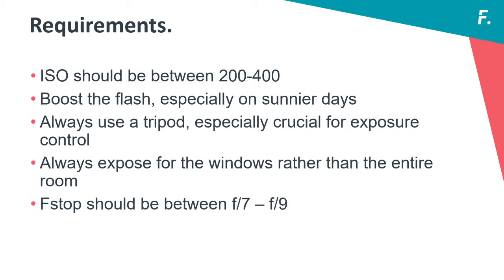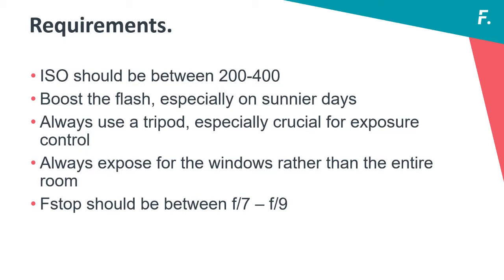The next thing is the basic rule we use to make sure the windows are exposed properly: you want to expose for the windows rather than the entire room. What this means is that generally, people tend to expose for the entire room, and that is actually what creates the overexposed windows.